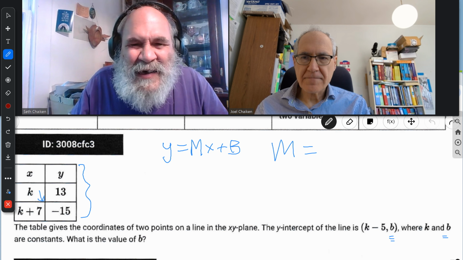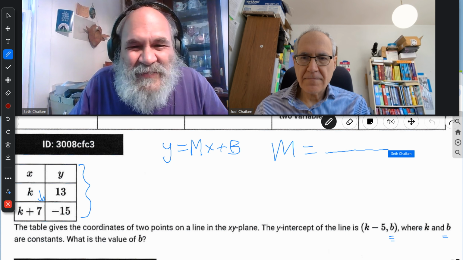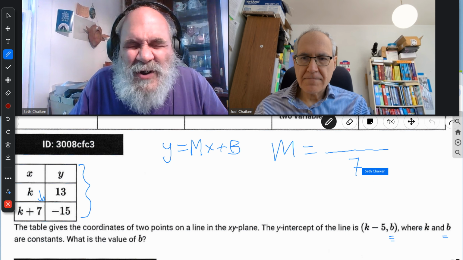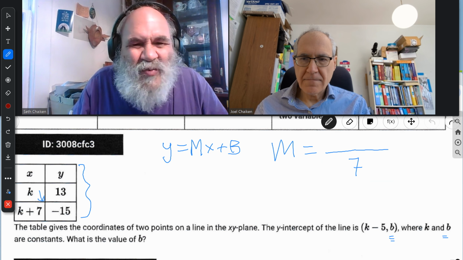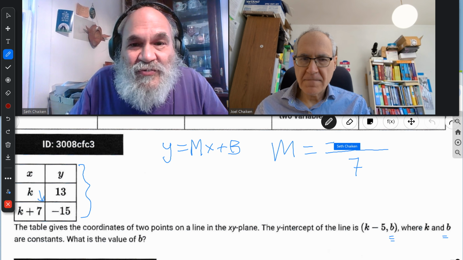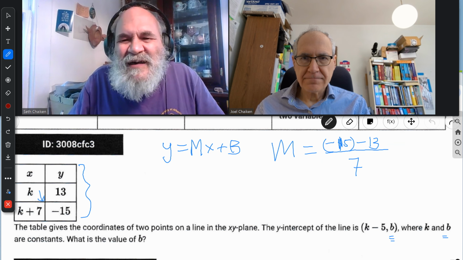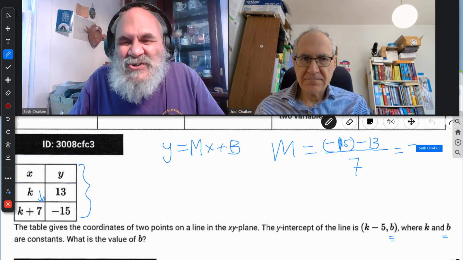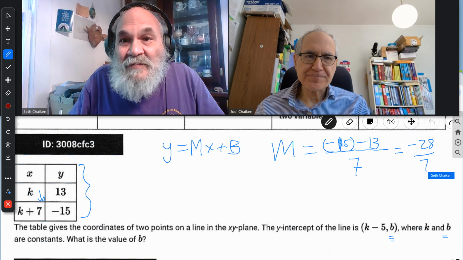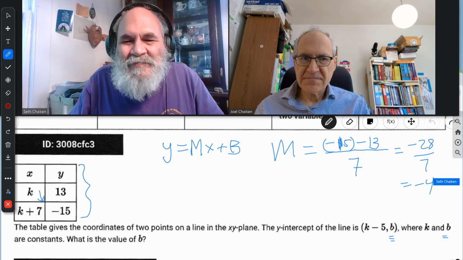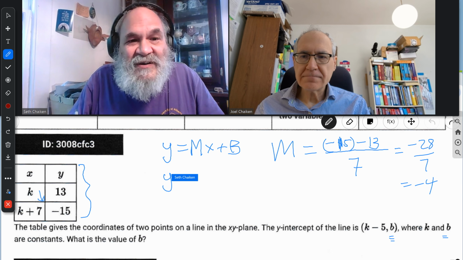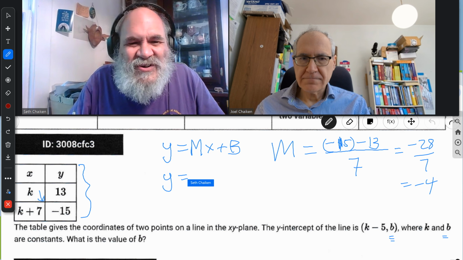And so M, the slope, is when you go up by 7, the change in y is the new value of y minus the old value of y. And I could compute that. That is negative 28, divided by 7, also known as minus 4. So I have figured out that the equation of the line in question is y equals minus 4x plus B.